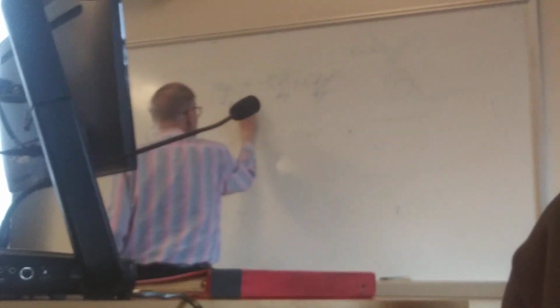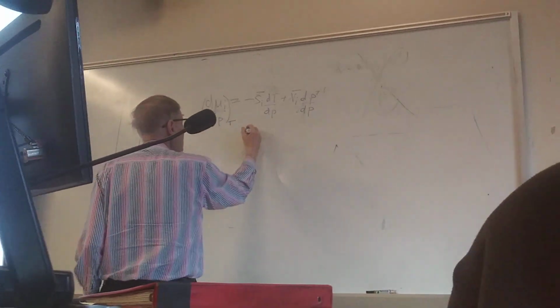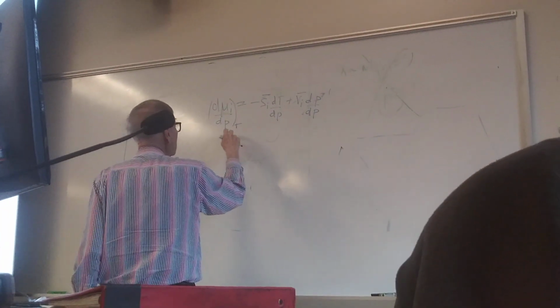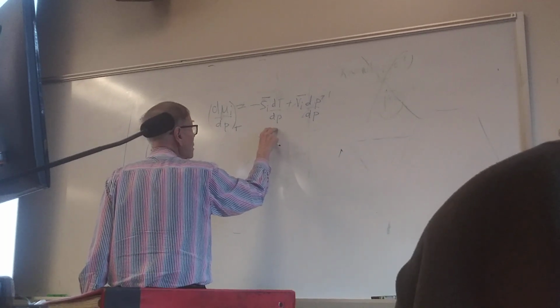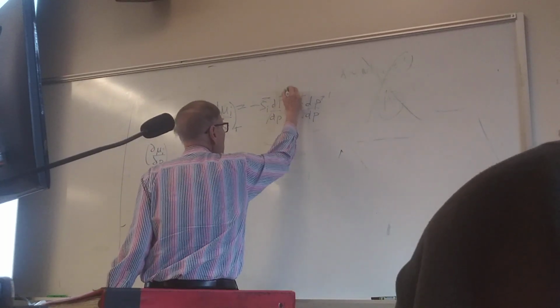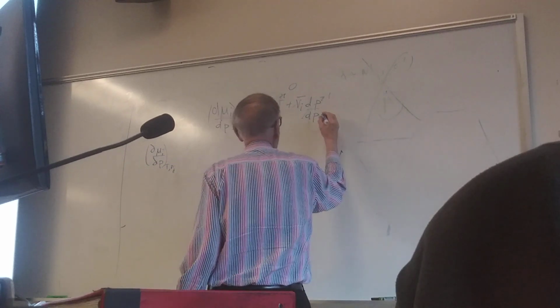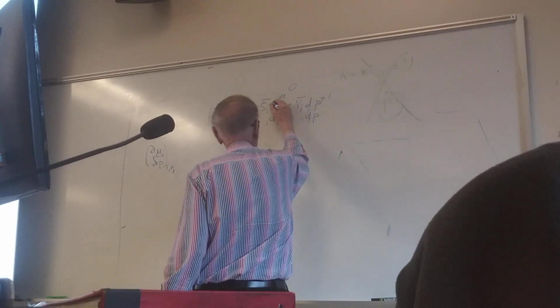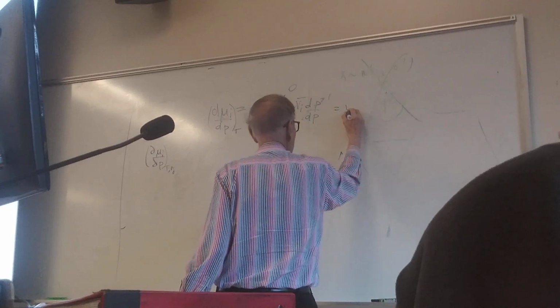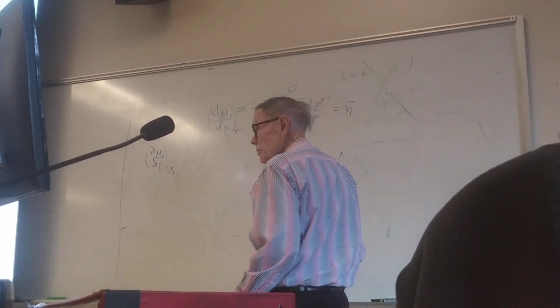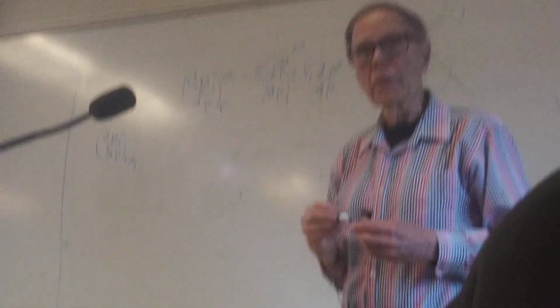Then I'll impose constancy of temperature. This goes to 0 at constant temperature. Trivially 0, and so all I've got left here is this. So, make sense?